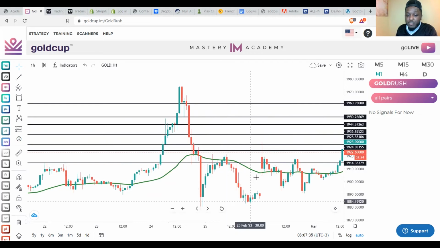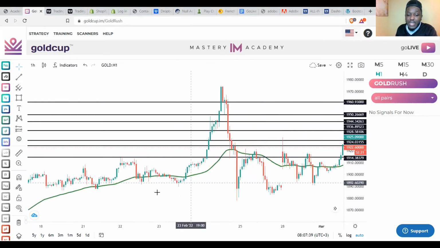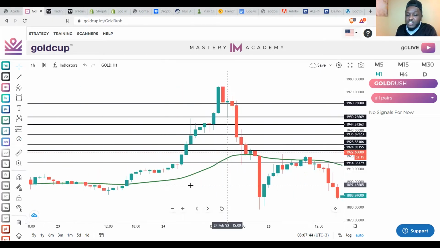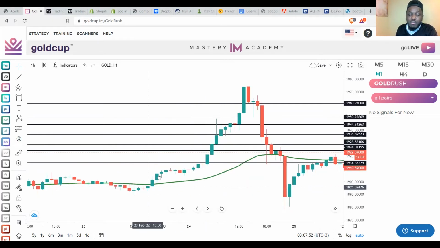You could have sold there, and this is on the 1 hour. Some people will be searching for exactly the kind of move I'm talking about, a break and retest. It's not going to happen like that all the time, because here the market broke the 50 moving average, consolidated, and then kept going. There was no retest to the 50.